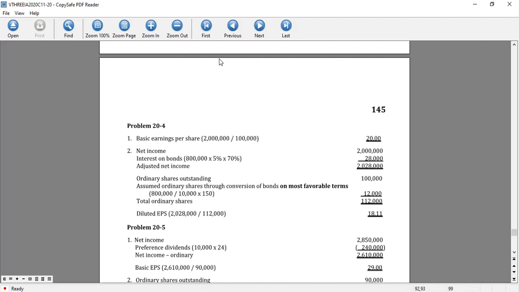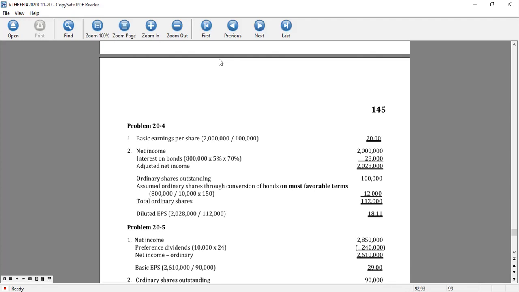Since January 2020, there have been 800,000 of 5% convertible loan in issue. The terms of conversion for every 10,000 nominal amount are June 30, 2020, 120 ordinary shares, June 30, 2021, 150 ordinary shares, and June 30, 2022, 140 ordinary shares.